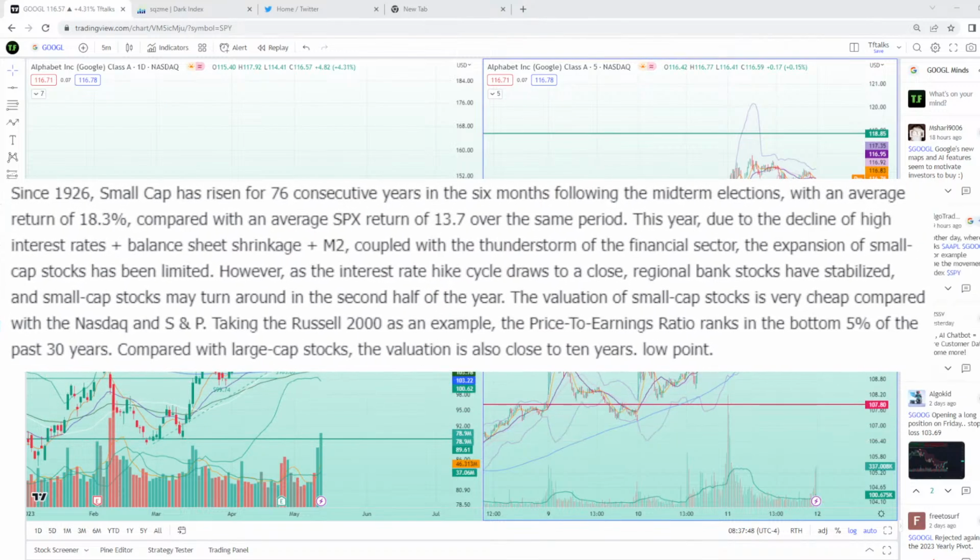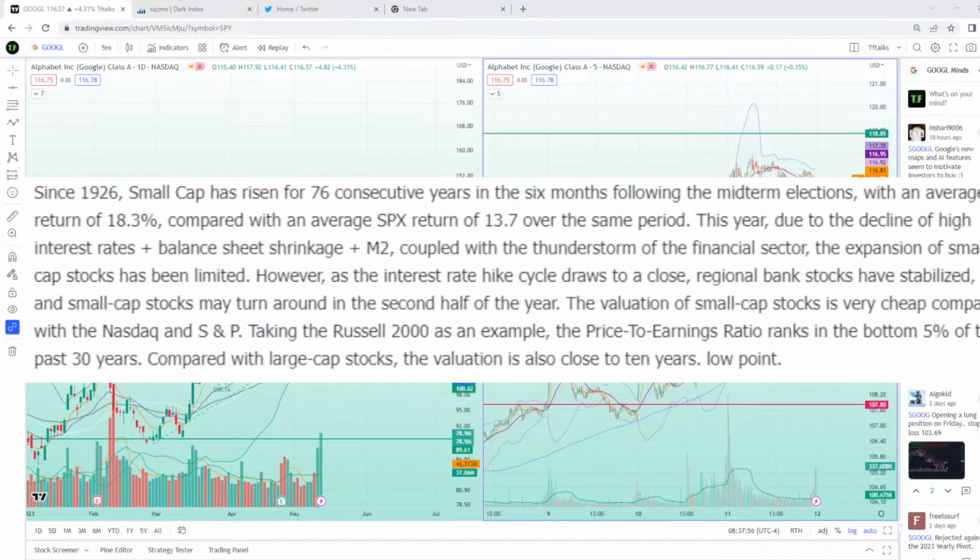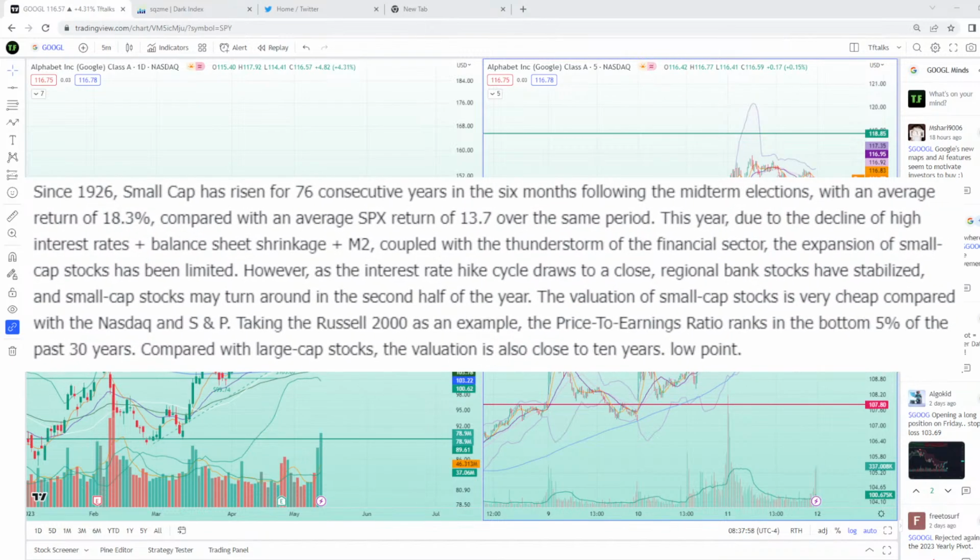Okay, so this is what I wrote for today's pre-market, my personal thinking on this one. For small caps, the data started from 1926.